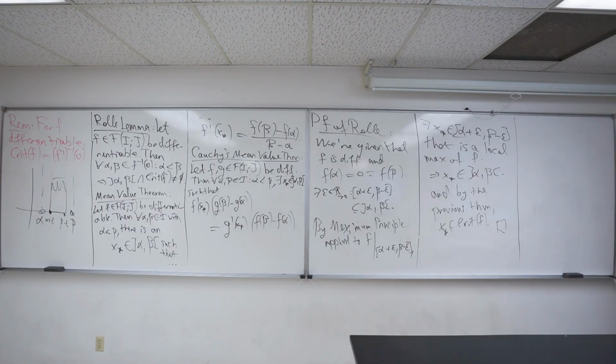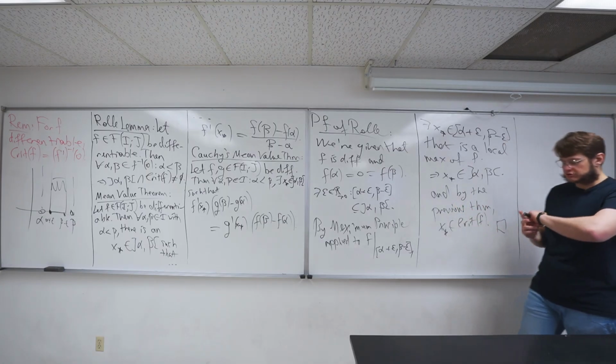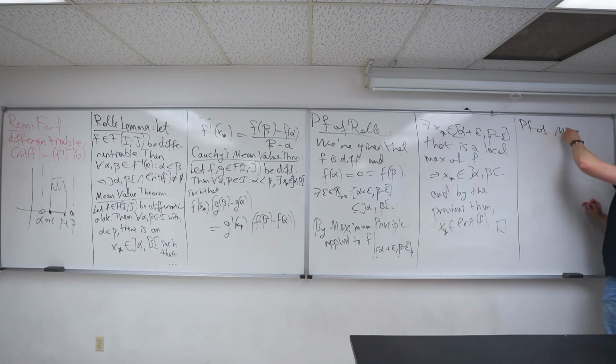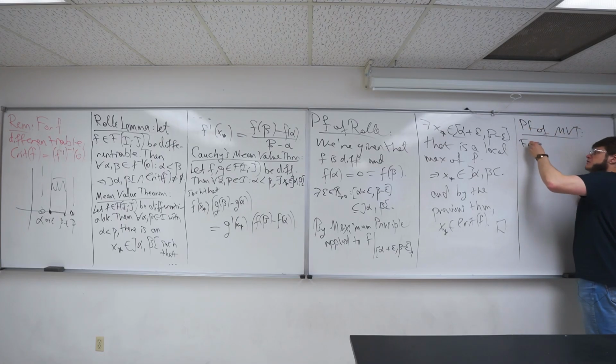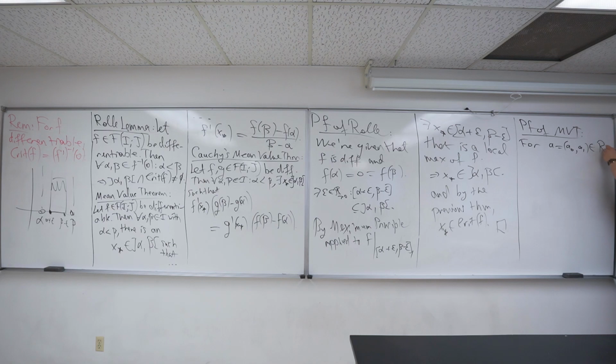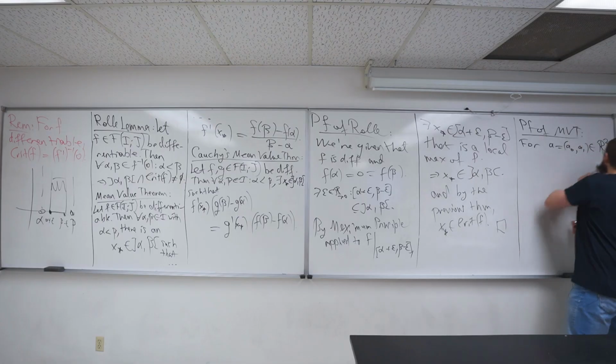And so here's a nice way to search this. I'm going to start with f. That's a function to begin with. And I'm going to add a small affine function, is what it's called. So, proof of the mean value theorem. For A0, A1, two real numbers, I can consider this function.